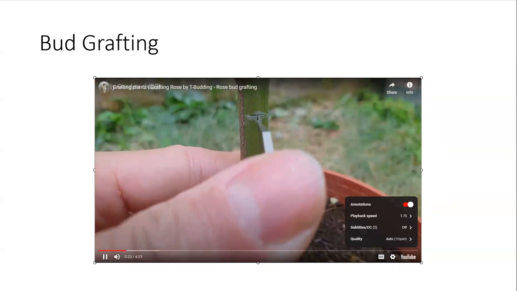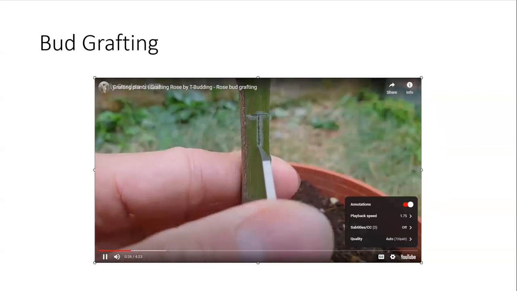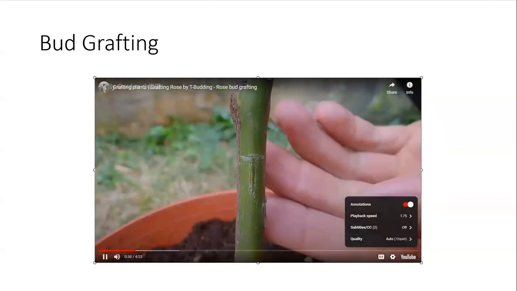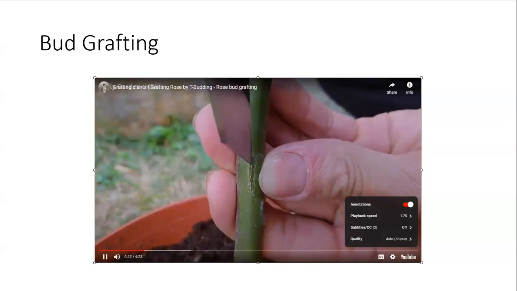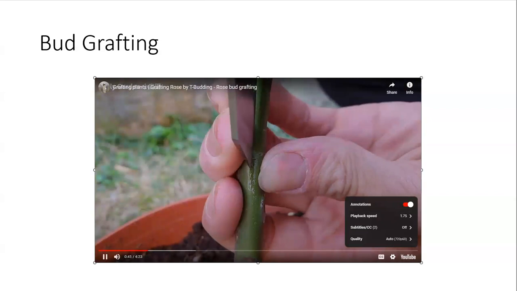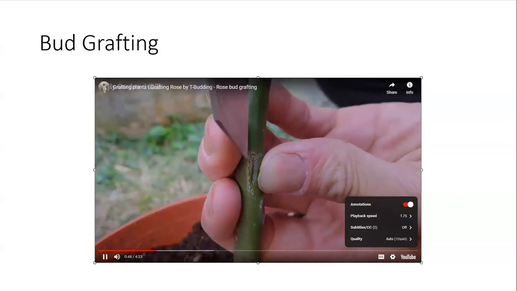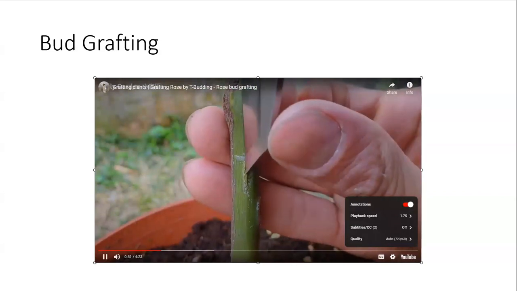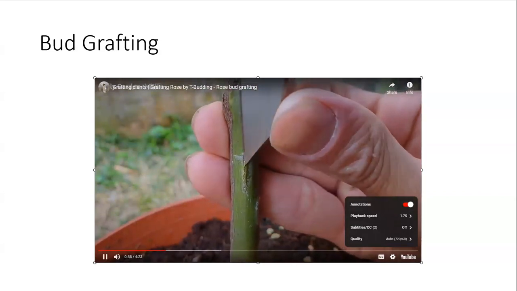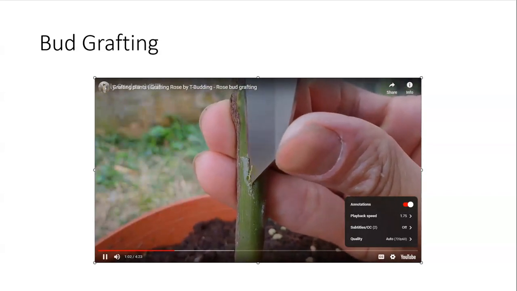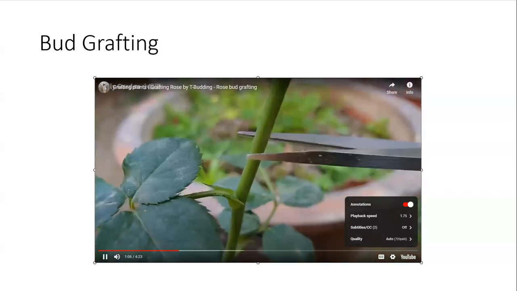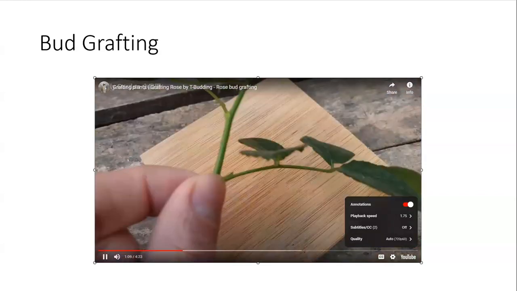Okay, so they're cutting into the epidermal layer. And they're separating it right at the cambium. Separating the epidermal layer from the cambium. And what's right on the inside of that is the phloem.